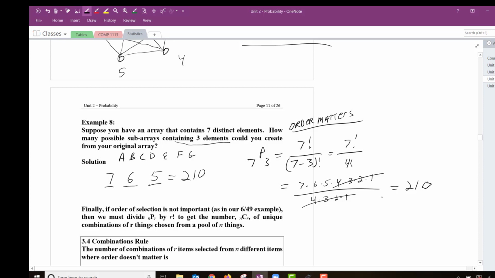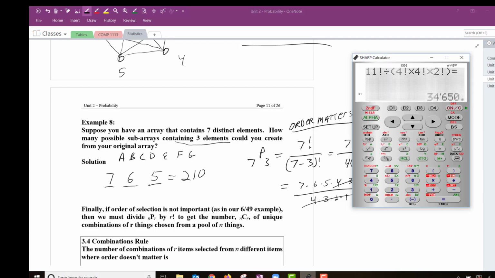Your calculator actually has this permutation button on it as well. Clear out what we did on the last one. If you look above your button number 6, you'll see an nPr button. Let's see if we can get the syntax to work out.